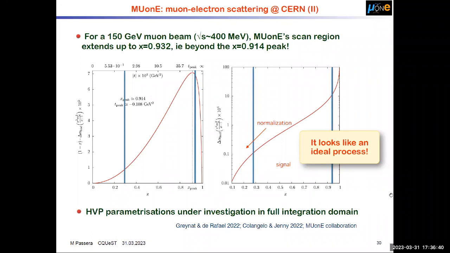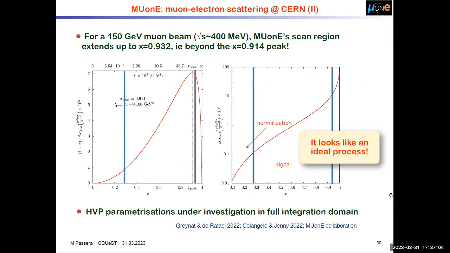You see, there is a region here at small x where delta alpha, this is just delta alpha alone without the 1 minus x, is small. For us the signal is delta alpha. That's what we want to measure. If we go to this region, the uncertainty of delta alpha is very small, and therefore we can use it as a normalization region.